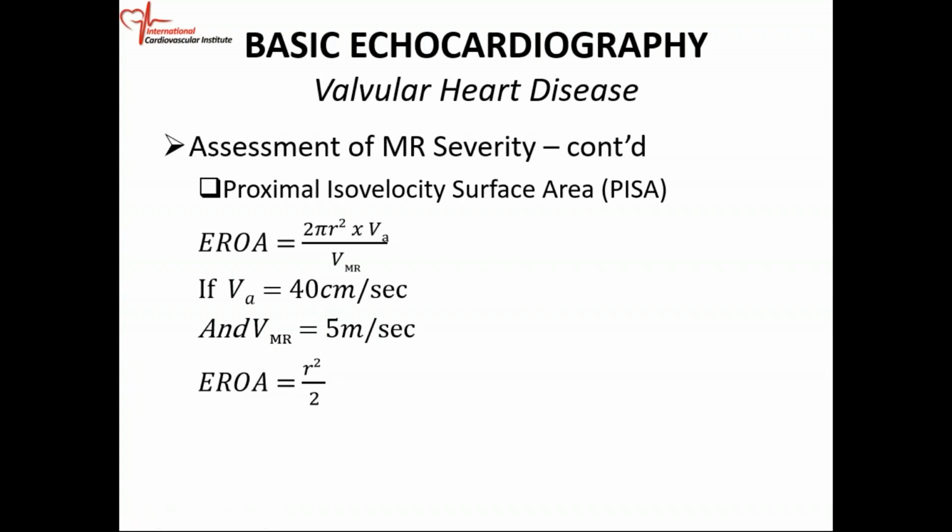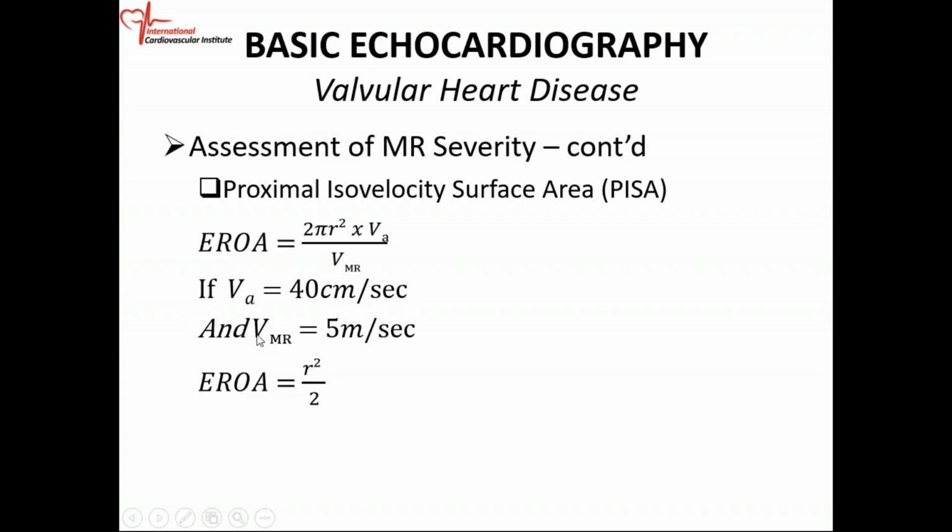If you adjust your aliasing velocity to 40 centimeters per second, and you plug everything into the equation, you'll find that the EROA is equal to r squared over 2. So what they'll do in the exam, they'll give you an elaborate thing. They're going to tell you, or you can see, that the aliasing velocity is 40 centimeters per second.